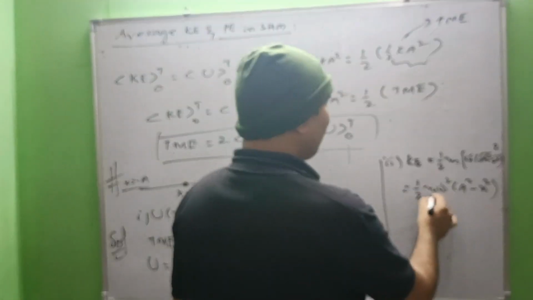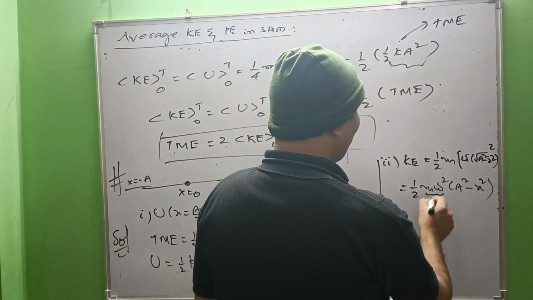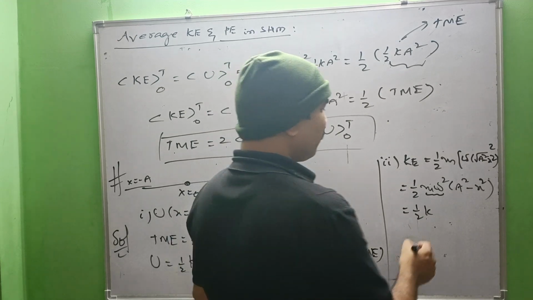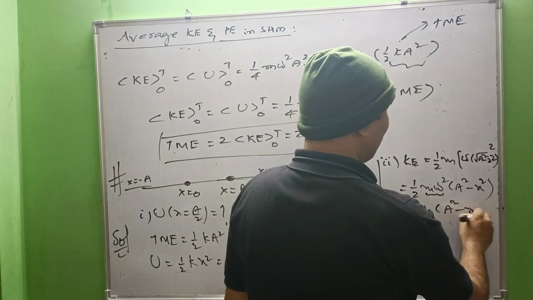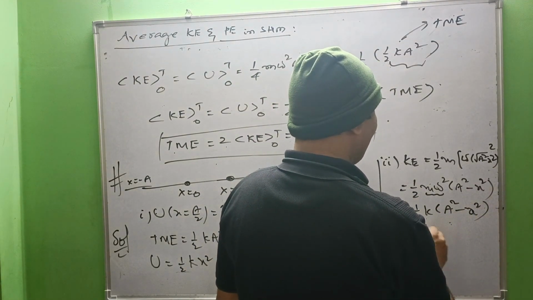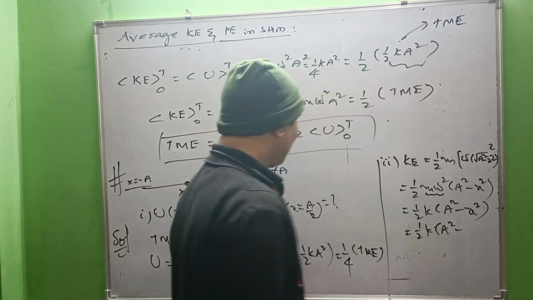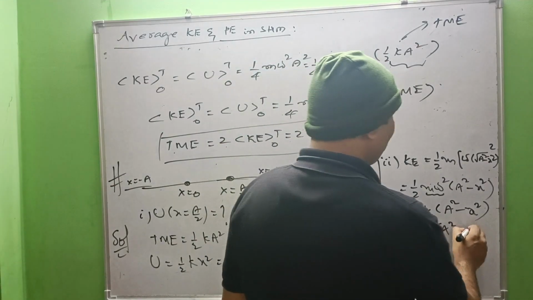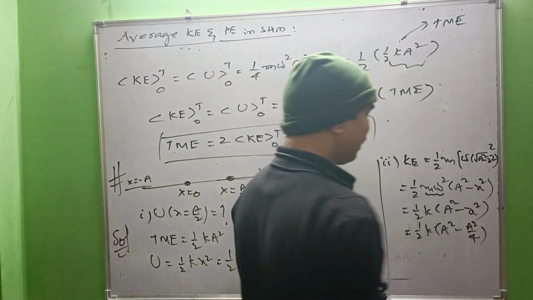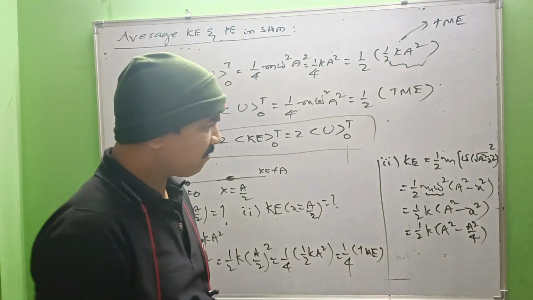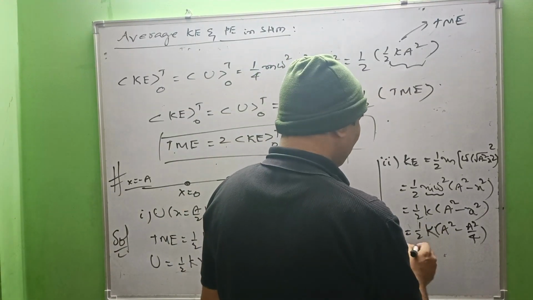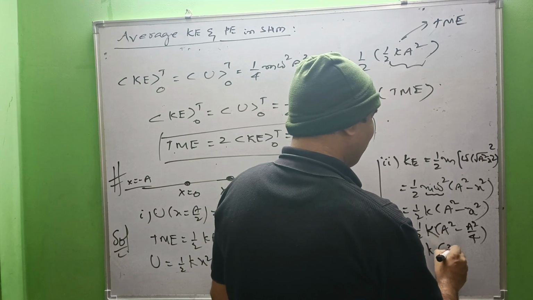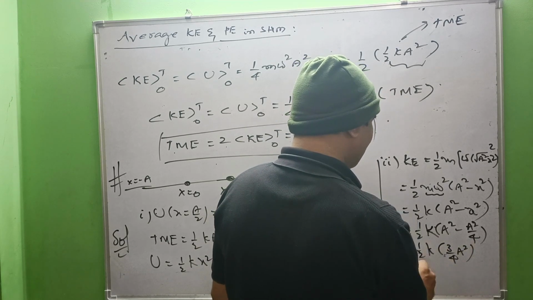Since m omega square means k, this is 1/2 k into A square minus x square. Again x means A by 2, so x square means A square by 4. That is A square minus A square by 4, which is 3/4 of A square. So 1/2 k into 3/4 of A square.